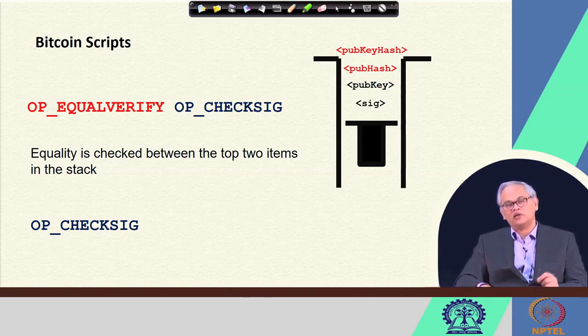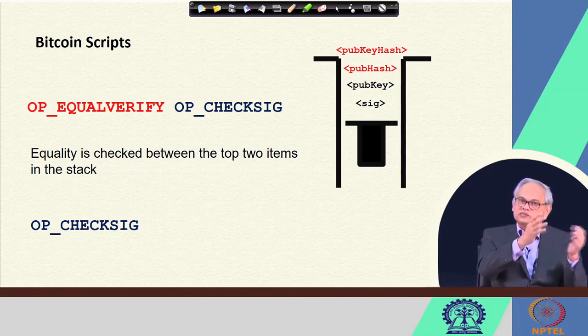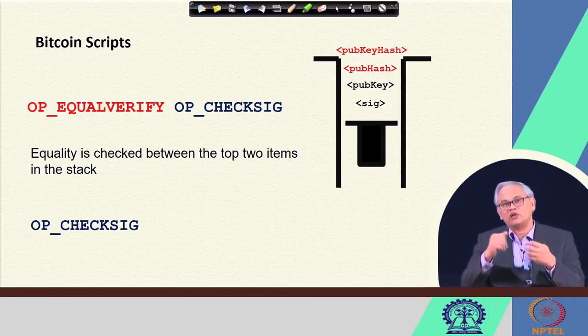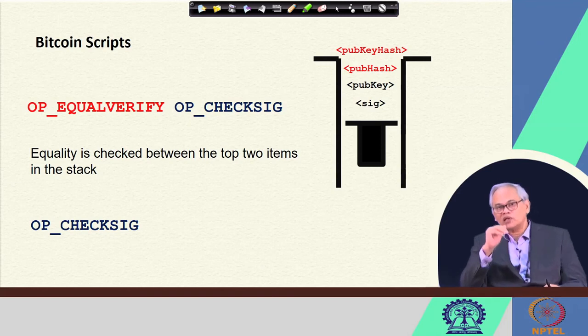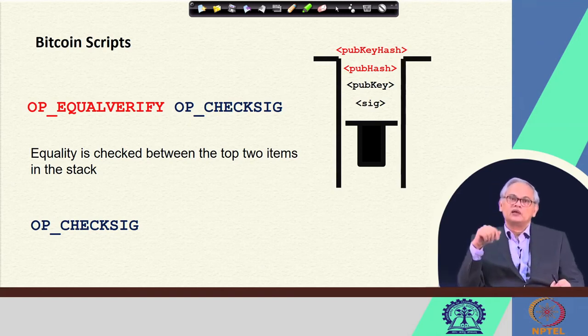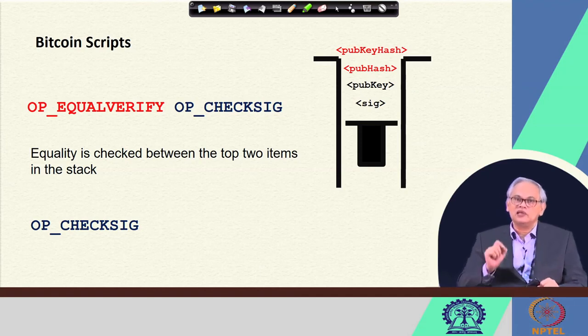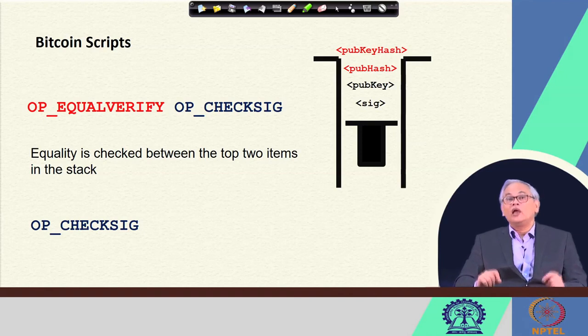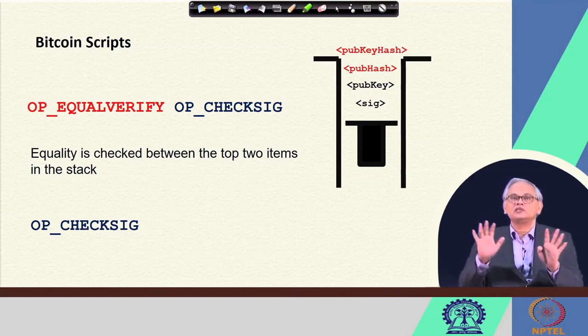Otherwise, what can happen is that Alice could have made the payment to somebody else's public key hash, and now Bob is trying to claim that. So that part can be verified: that the pub key hash to which Alice had made the payment is indeed the hash of the public key that Bob is now providing. If they do not match, that means there is something wrong.